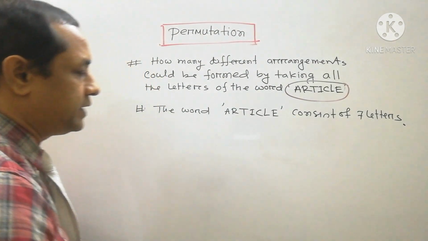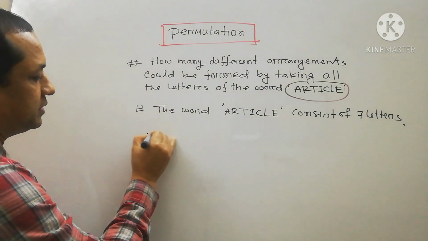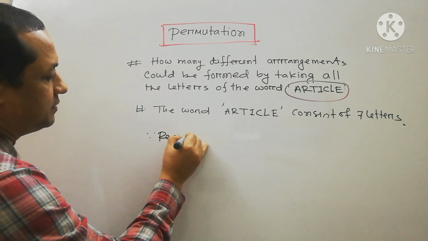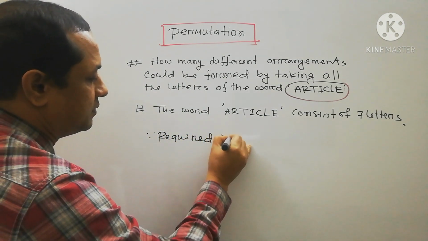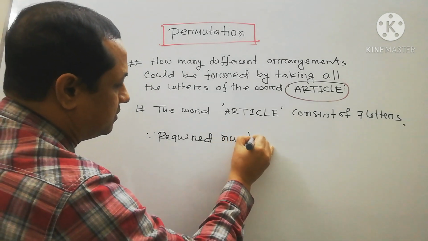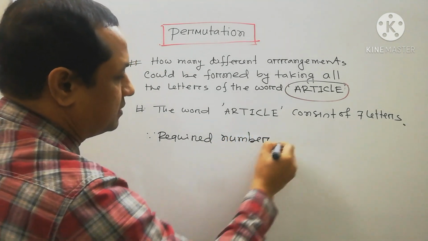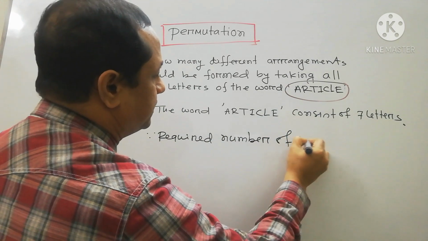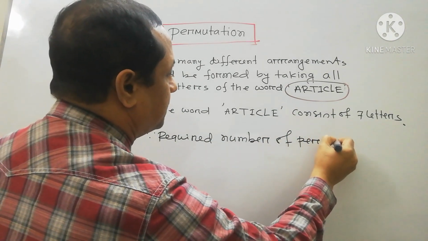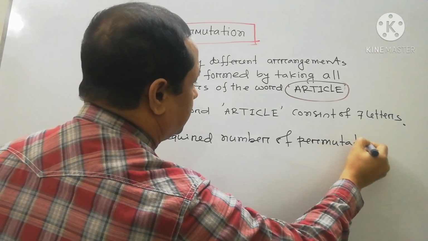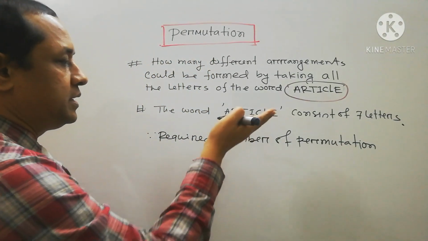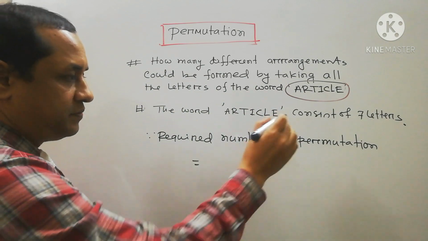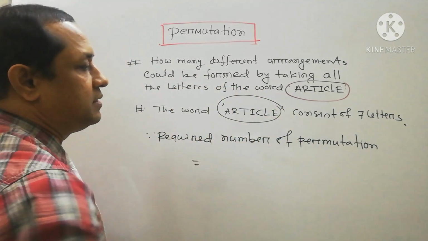So the required number of permutations, number of words or number of arrangements equals, here, 7 different letters.